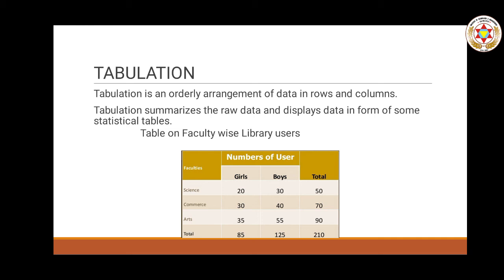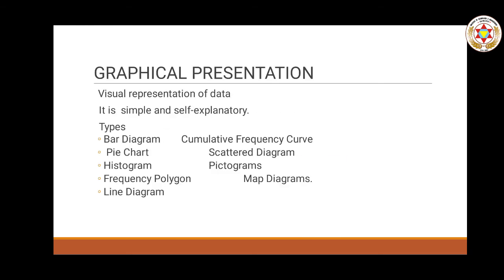So tabulation can be done differently. There could be a one-way tabulation, a cross tabulation, and many more classifications. After tabulation, the data can also be represented graphically. It is the visual representation of data. Graphical representation is simple and self-explanatory.